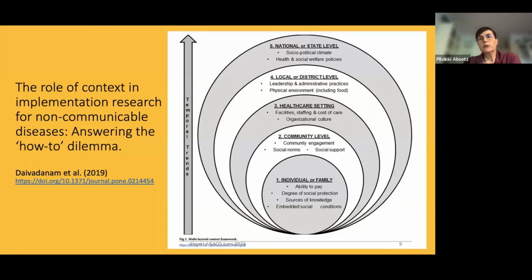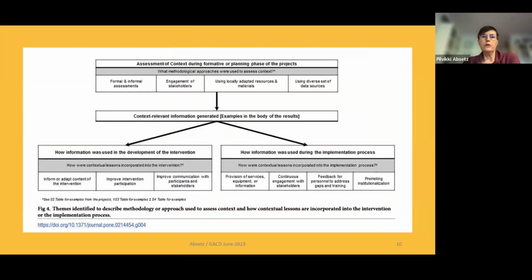Context was seen as multi-level with these levels, also the transnational level there, and the ways of looking at context were these three themes shown in this figure.